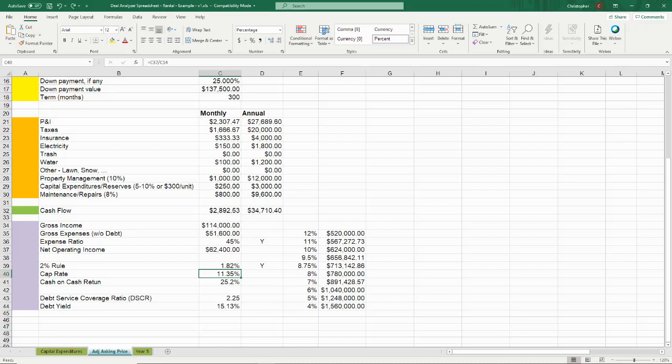So a Class A apartment building would have a lower cap rate typically because it's seen as a lower risk investment, whereas a Class C or D apartment building will be assigned a higher cap rate because it's seen as a higher risk investment.